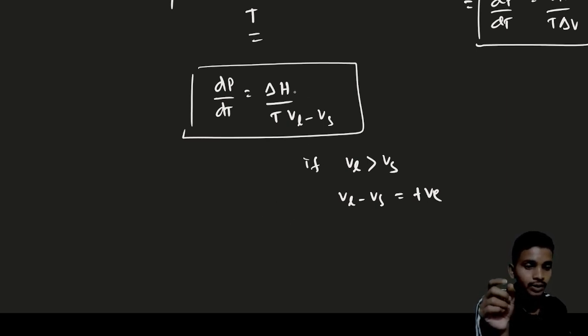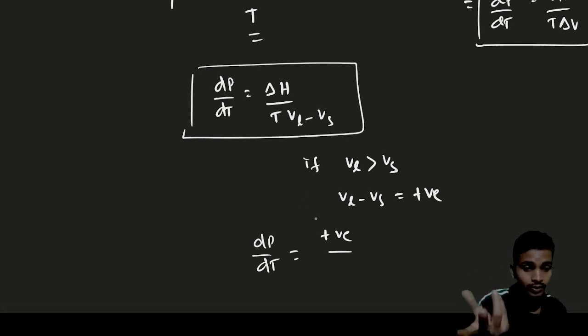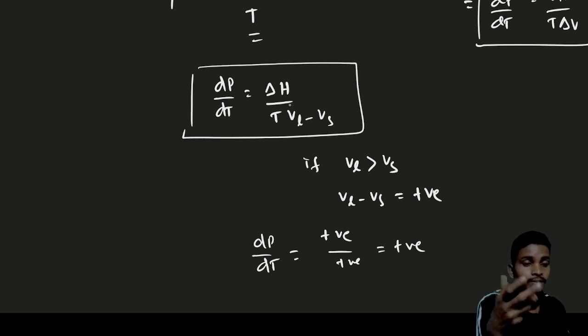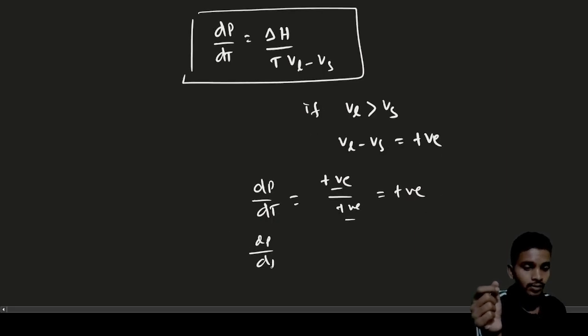And if this is positive and ΔH is a positive value, and temperature is always positive because we take it in Kelvin, then dP by dT is equal to a positive value. Here we take the ΔH value as always positive. So if this is positive and this is positive, then dP by dT is positive, and this represents the slope.